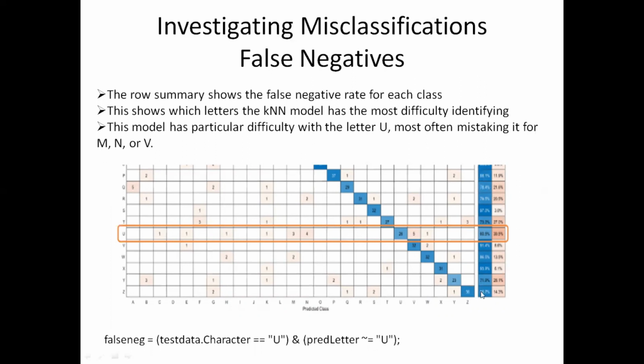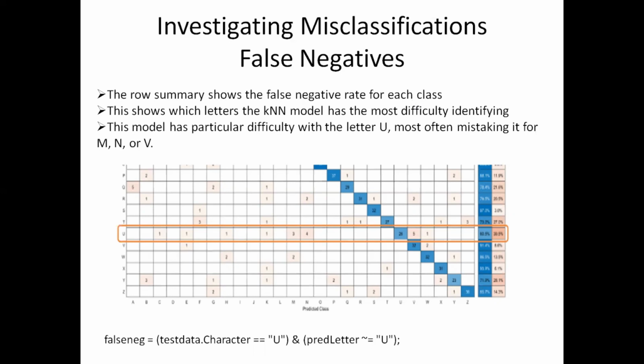On this end, we have the row summary which tells us the false negative rate for each class. That will help us identify which particular alphabet the KNN model finds difficult to classify or identify. So we will be able to find out the difficulty of the KNN model.